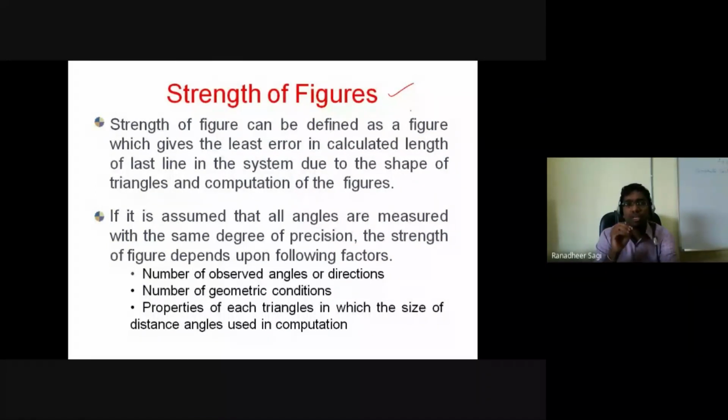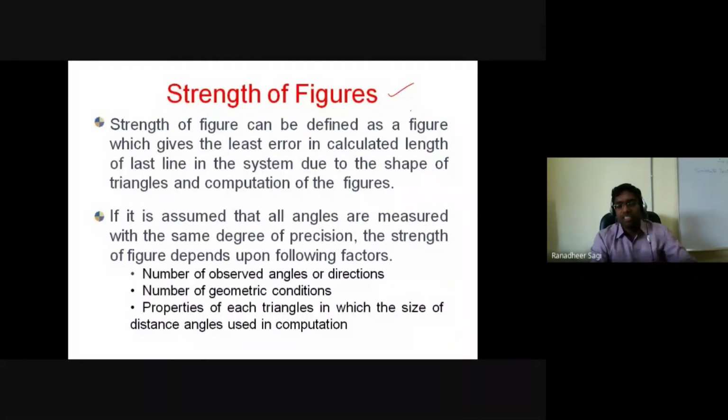That is all what we call the strength of the figure. Strength of the figure can be defined as a figure which gives the least error in calculated length of the last line in that particular system due to the shape of the triangles and the computation of the figures.